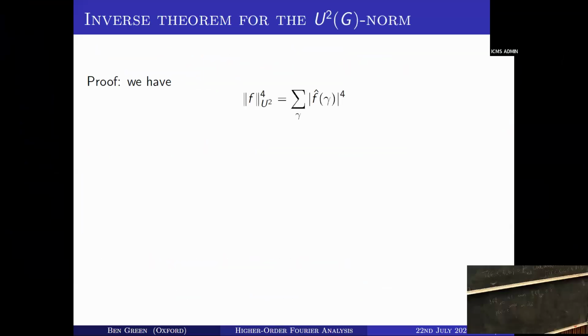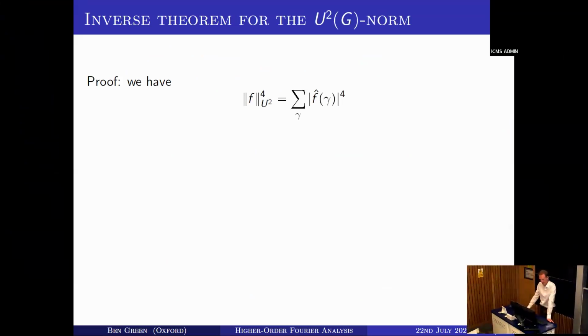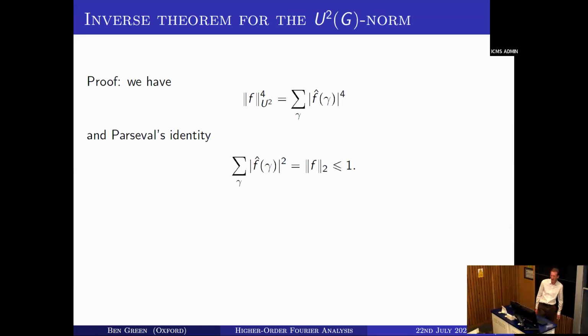The only proof I'm actually going to give, and I expect almost everybody knows this proof, goes via a magic formula for the U2 norm in terms of the Fourier coefficients. So the U2 norm of a function is the L4 norm of its Fourier transform. And the L2 norm of a function is the L2 norm of its Fourier transform.